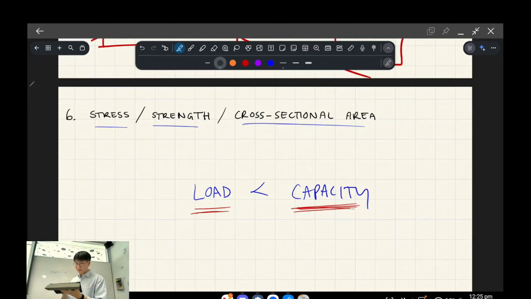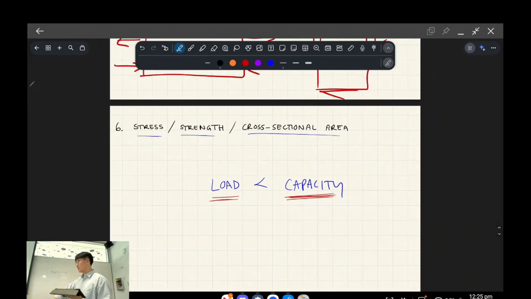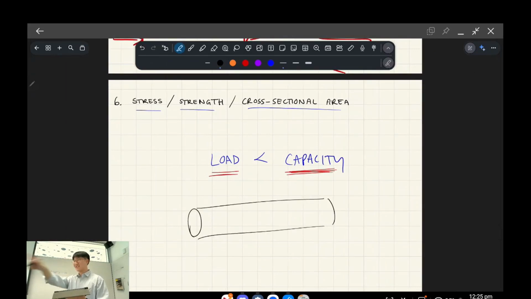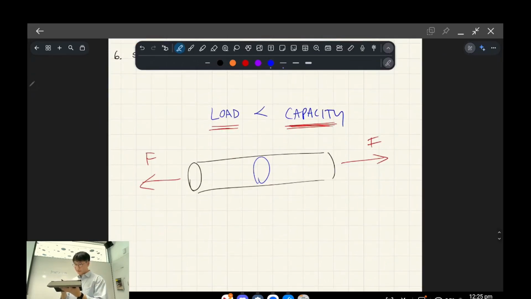So if we take a step back from the idea of a slab, which is more complicated, and have this idea of, let's say a straw, which will tie into the next game that I'll give you guys. If you've got a straw and you're pulling it, in tension, it's going to experience some level of stress.